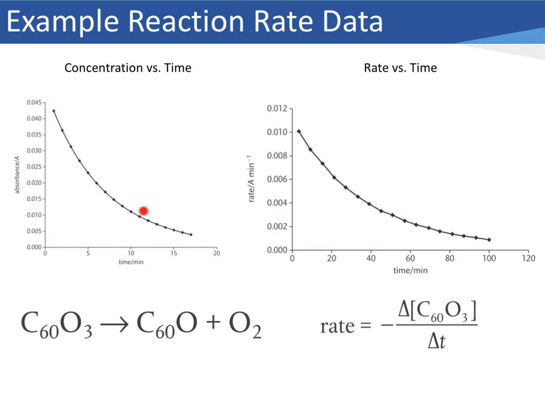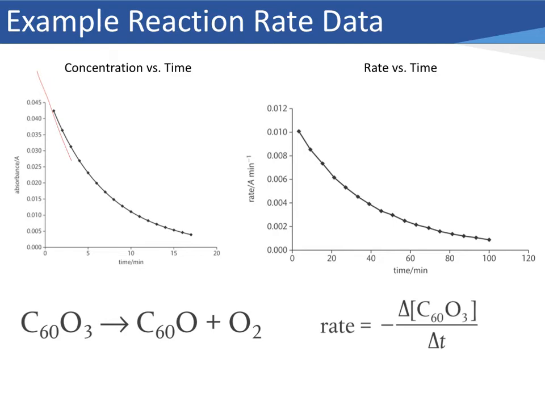If I take the tangent at each point, I see that the absorbance is here, and this is change in absorbance per minute, the slope at any given point on this graph. So the rate is decreasing, and these rates are determined from the tangents.